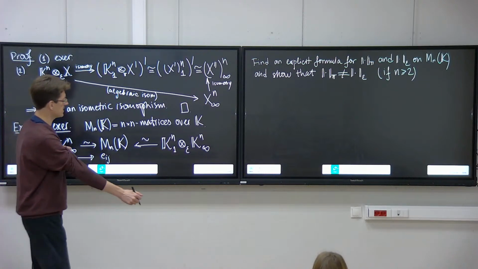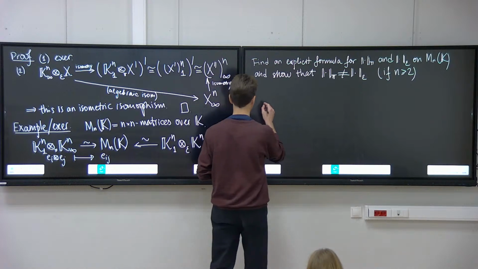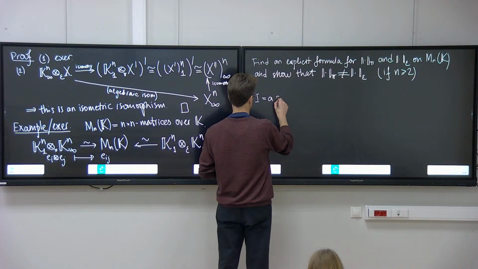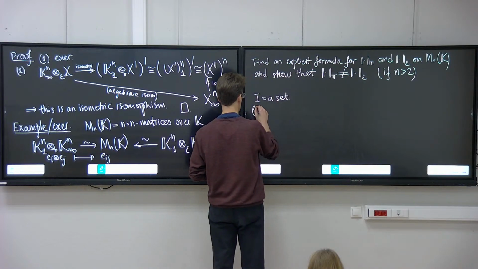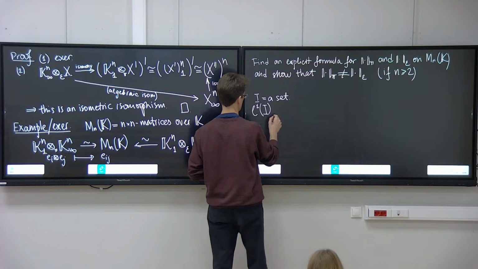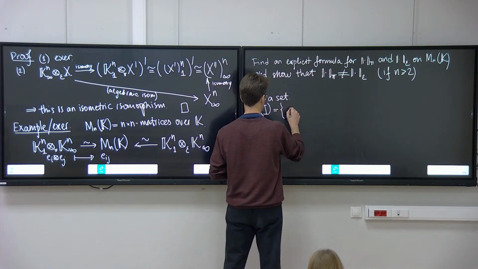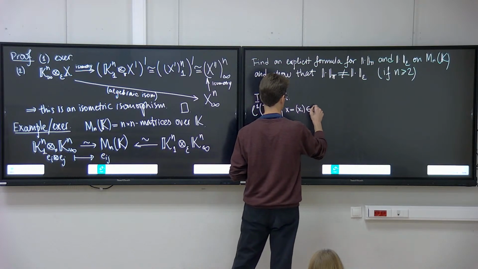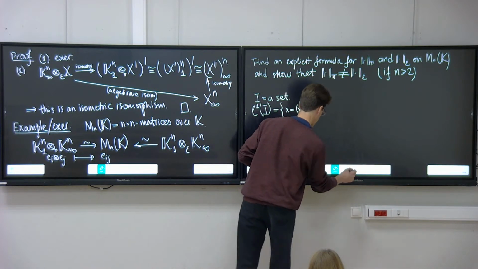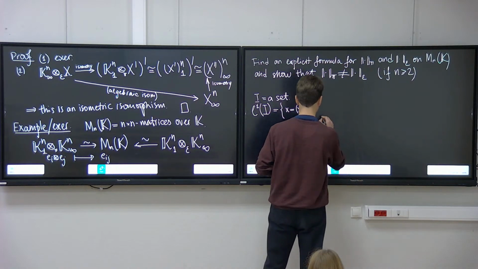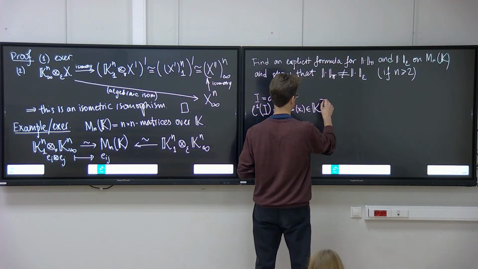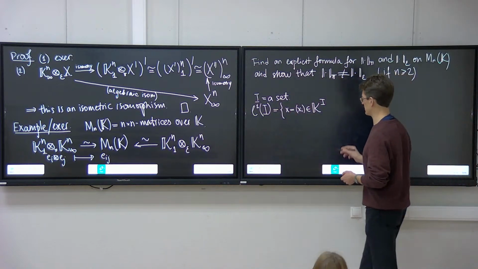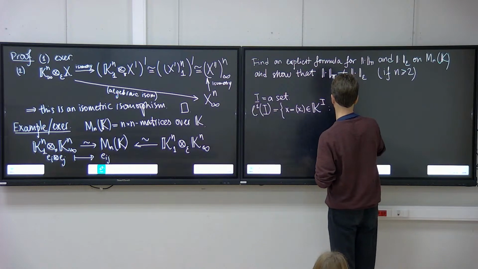Okay, let's now look at something infinite dimensional. Suppose that I is a set, and let's denote by L1 of I the subspace of the space of all k-valued functions on I. So we think of them as families indexed by I, and satisfying the following condition.